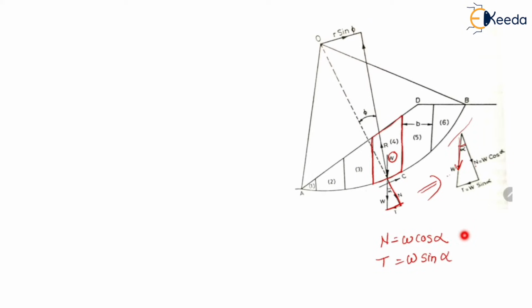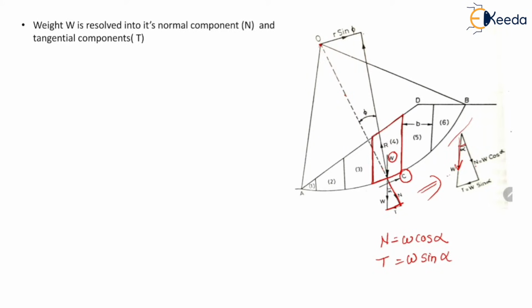Another force acting on this slice is cohesive force C. It is acting in upward direction as this wedge is trying to slide in downward direction. And the third force which is acting on this slice is reaction R. As we have discussed, this reaction R makes an angle phi with the normal. Here this dashed line indicates the direction of normal. Obviously it will pass through the center.